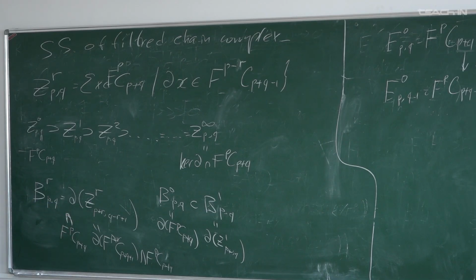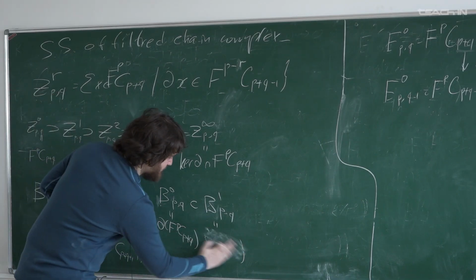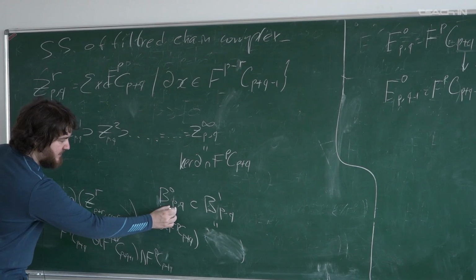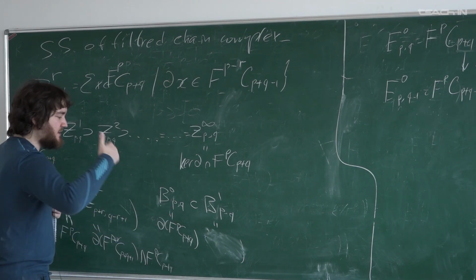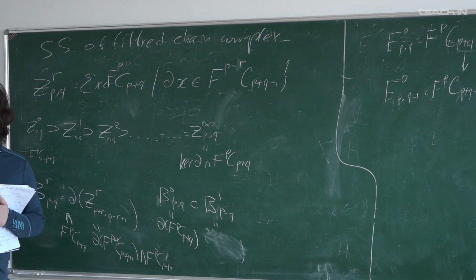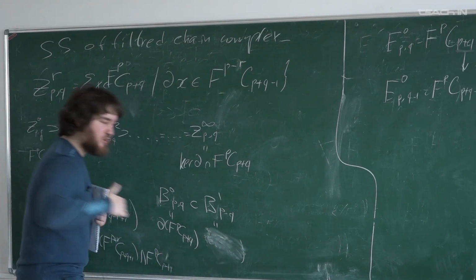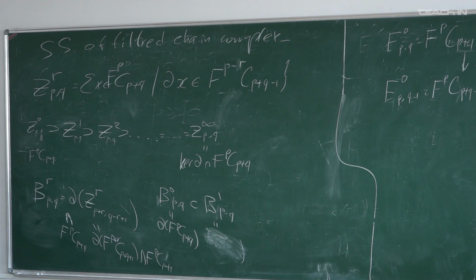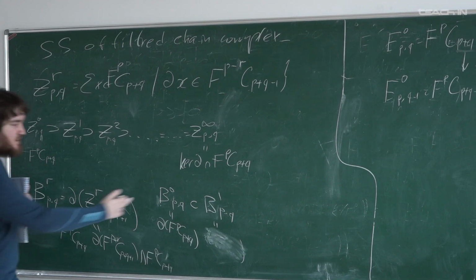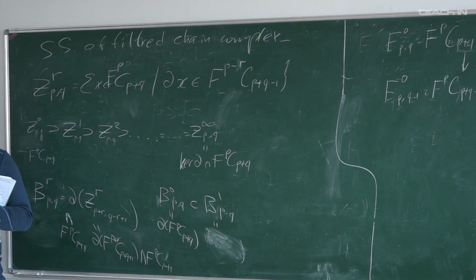By definition, these are elements of this P filtration which are the boundary of something of one filtration above. So my filtration is increasing, so it's boundaries of something more. So it's a greater module.